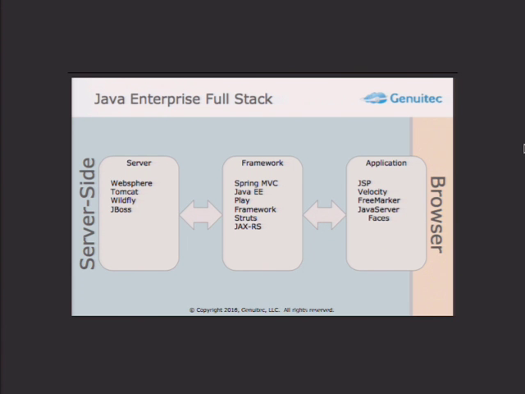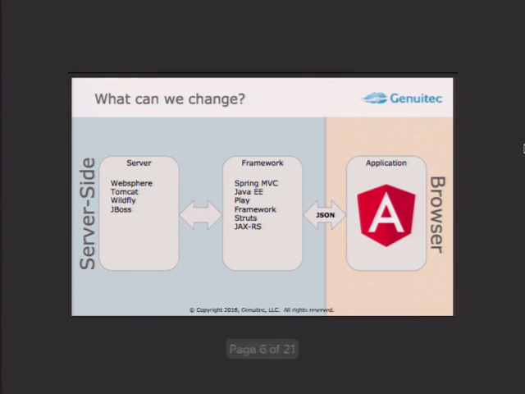So what we can do is change it a little bit, by making the browser layer thicker and replacing front-end technologies for Java Enterprise with Angular. In this case, we put a fully functional standalone application in the browser, which uses the browser as a runtime, and we can communicate with our server side.